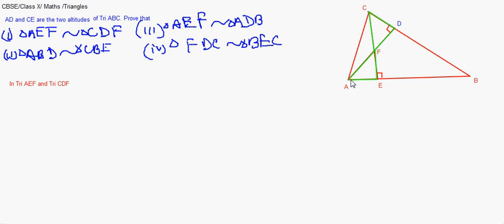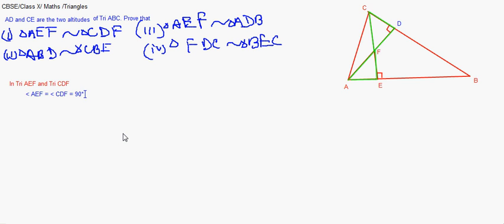It's quite visible there are two angles. This one angle is 90 degrees, so we can write angle AEF is equal to angle CDF, they both being 90 degrees, as it is given that CE and AD are perpendicular.